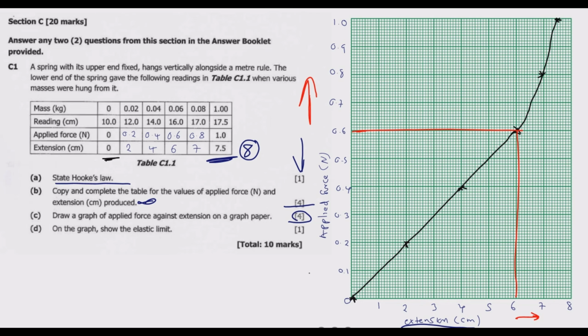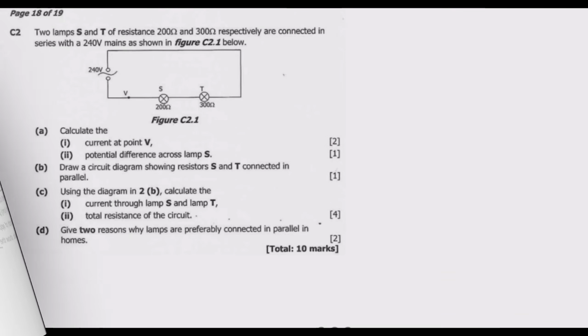That tells us we've passed the elastic limit. So we shall call this point the elastic limit, EL. Beyond that, we have gone above the elastic limit. So basically, this is how you answer this question to get the 10 marks.